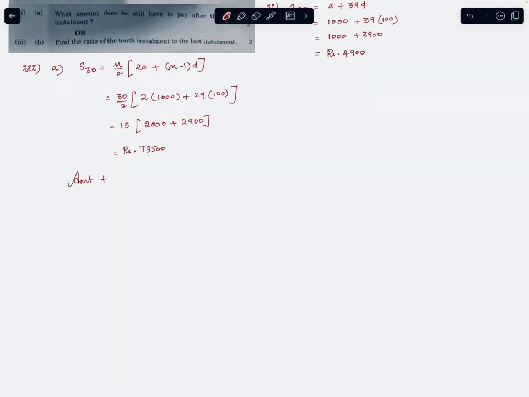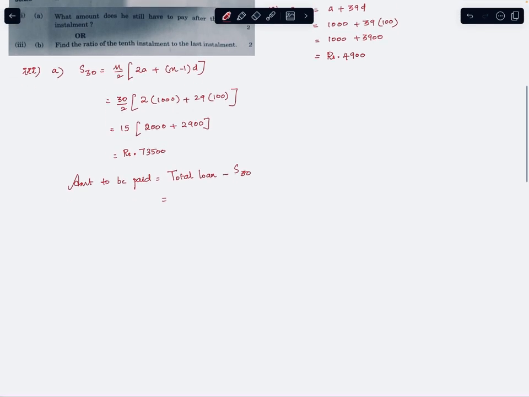The amount to be paid is total loan minus S30. Total loan is 1,18,000 minus 73,500, which is rupees 44,500.